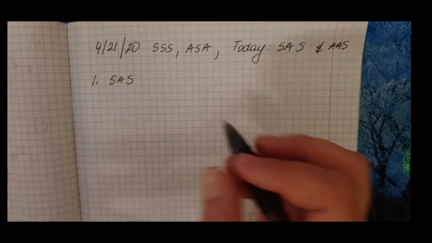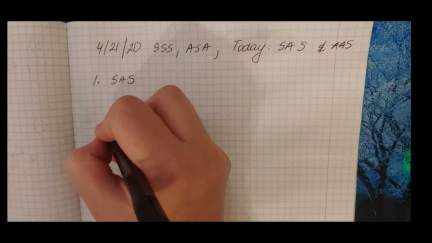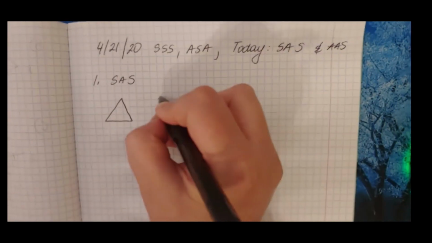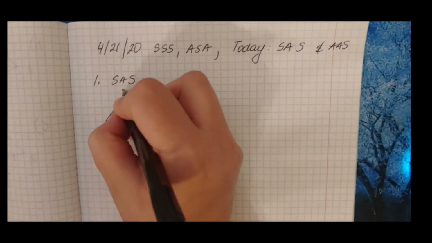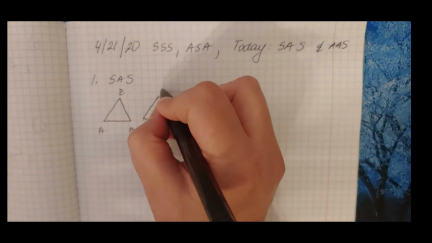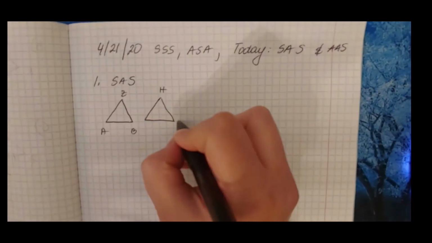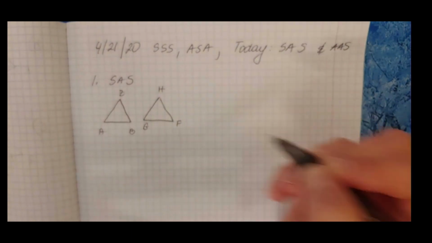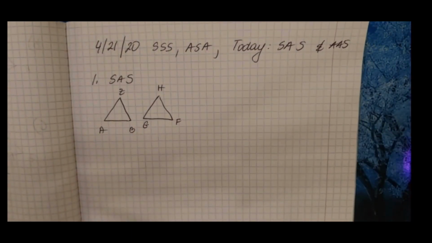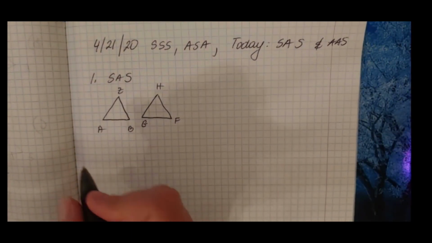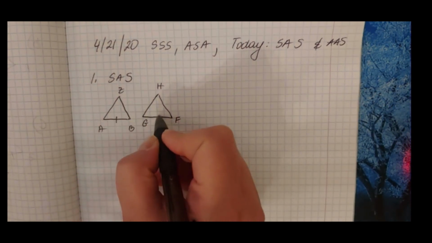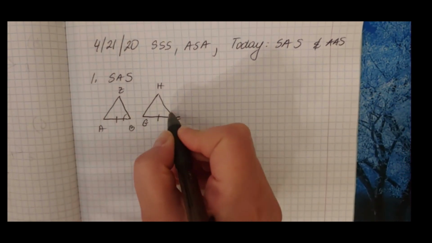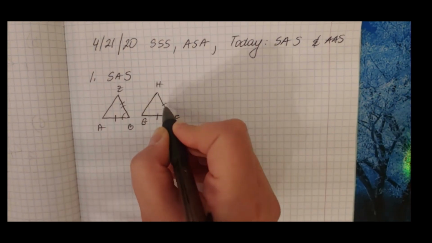Side, angle, side means, well, let's say I have two triangles, A, B, Z, H, F, G. And they're going to give me markings: side, angle, side.